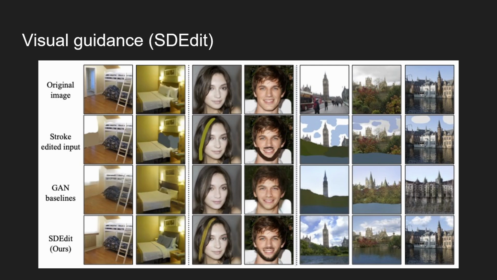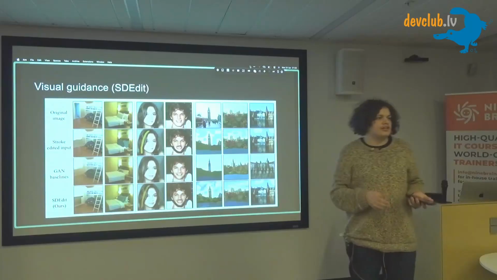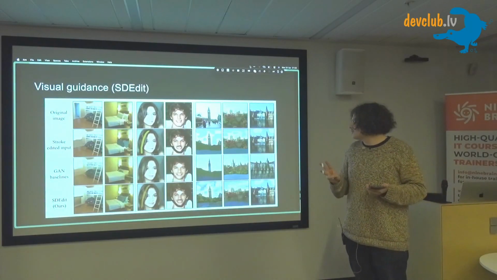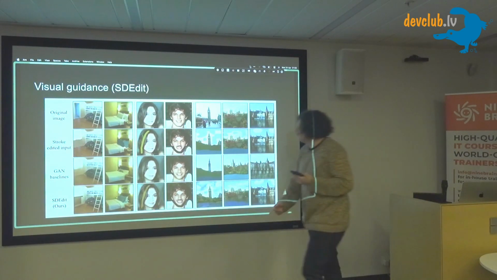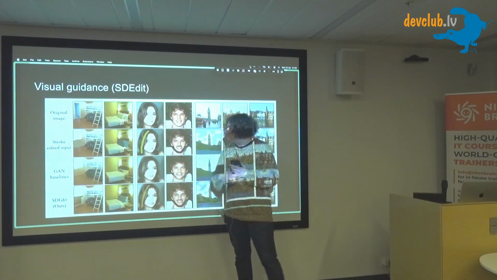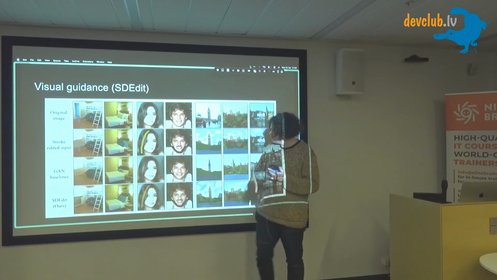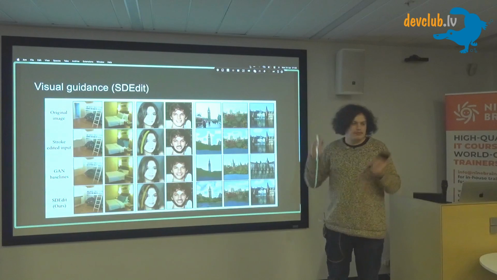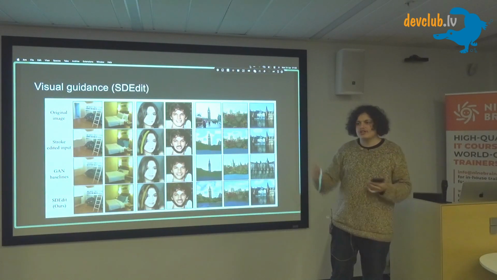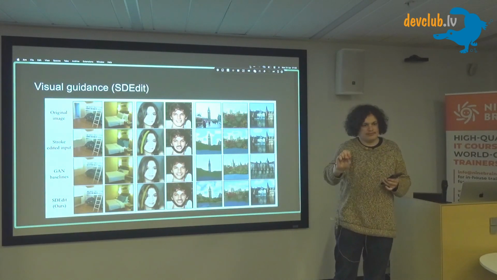Also, there is not only textual guidance, there is also visual guidance. I will mention three types of this visual guidance. The first one is a simple edit. For example, we have an image of a girl and we want some of her hair to be yellow. So what do we do? We open Paint and with a yellow brush just paint a yellow stroke.